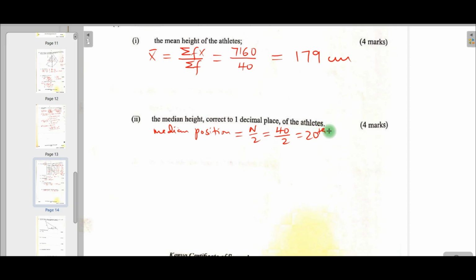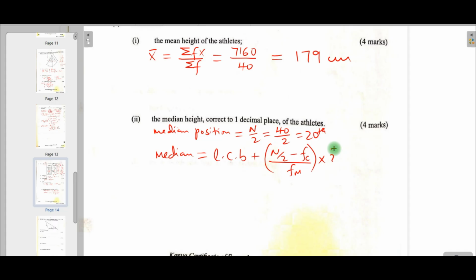So we need to get the 20th position, whereby we shall use this formula to get the median: lower class boundary of the median class plus n over 2 minus cumulative frequency preceding the median class, over frequency of the median class, times the class interval.